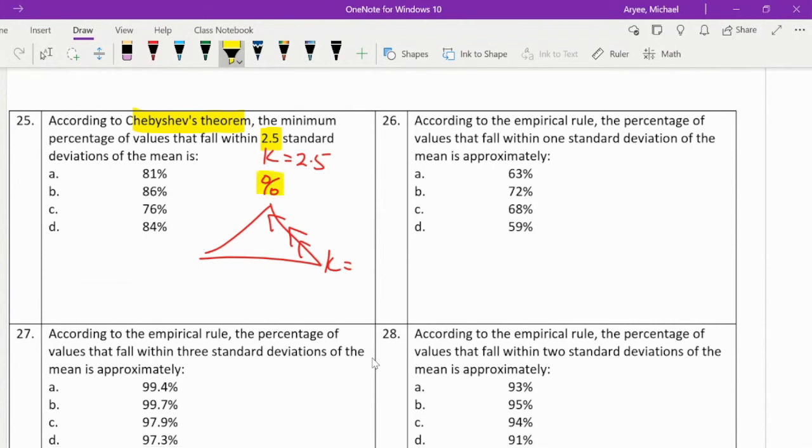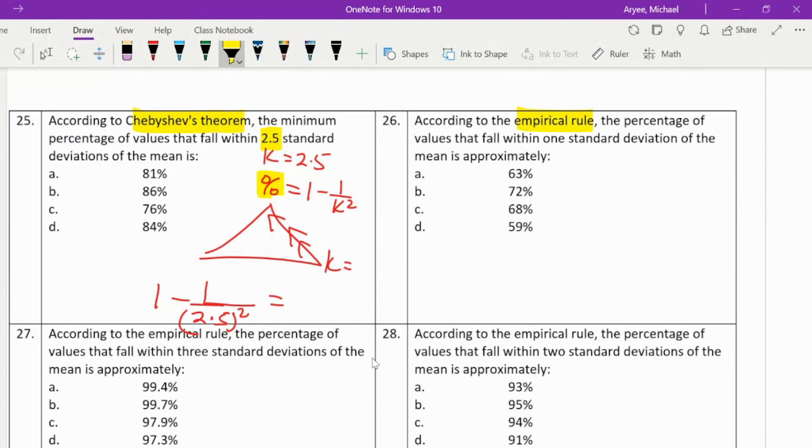If they ask you to find the percentage, you use the formula 1 minus 1 over K squared. So you do 1 minus 1 over 2.5 squared. I don't know what this will give you. I'm suspecting it will be like 84, but I'm not too sure. You can check it out.